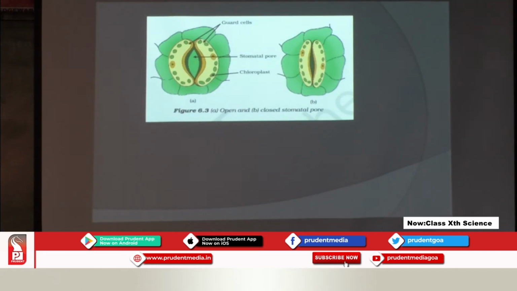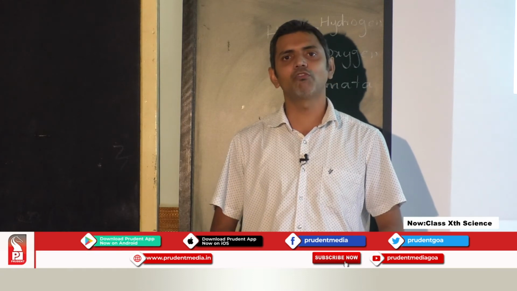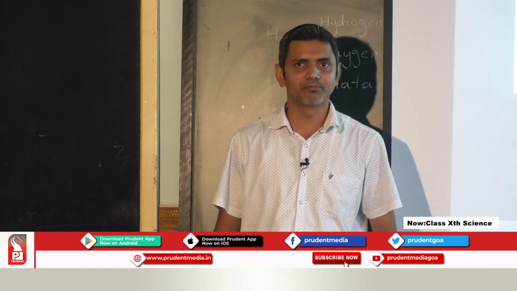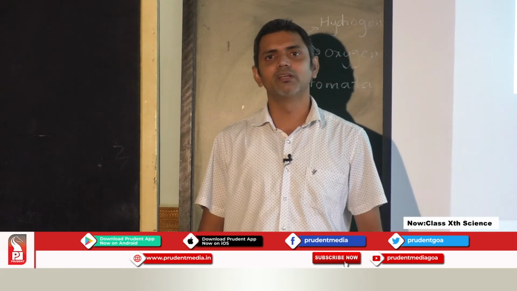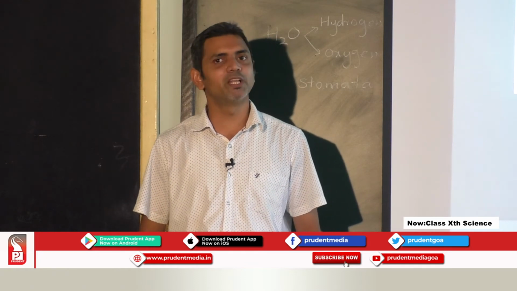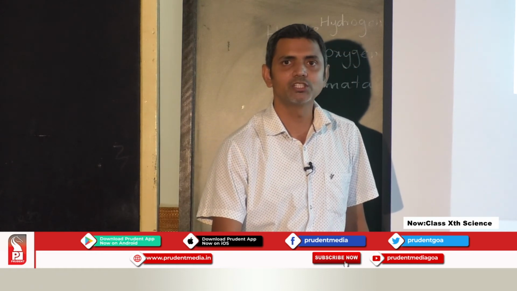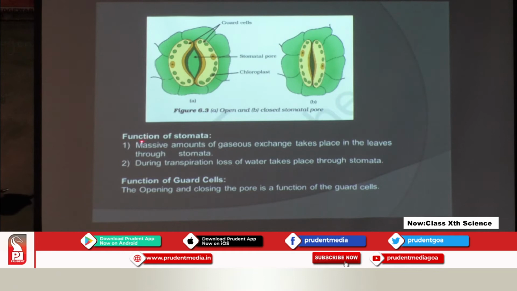One more function performed by stomata: we already know that plants lose water, and the loss of water by plants through the pores in the form of water vapor is called transpiration. So, loss of water takes place through the stomatal pore. These are the two functions performed by stomata. So, we have seen the functions of stomata and the function of guard cells. This diagram can be asked in the examination.